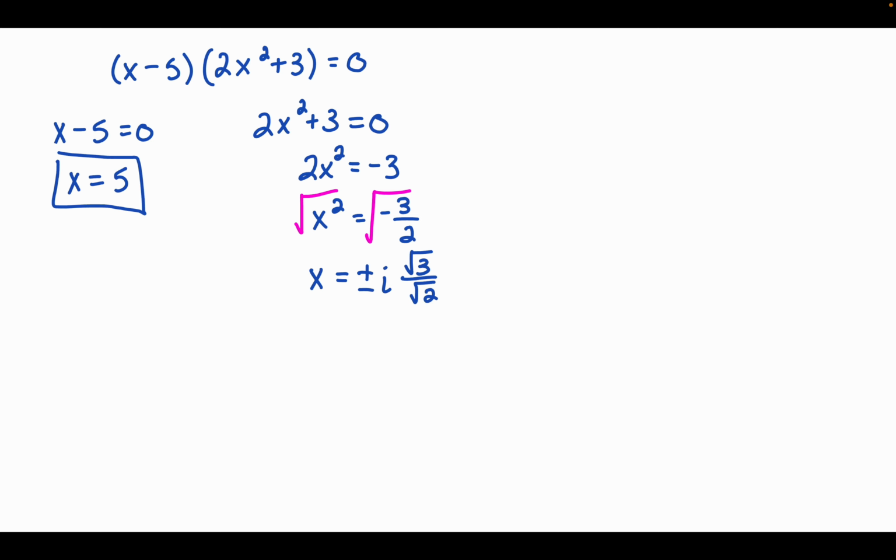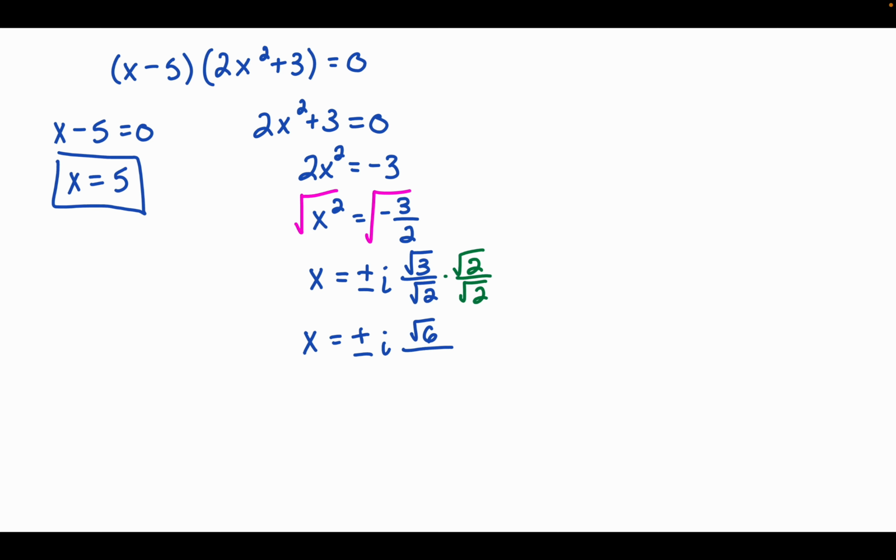So you might remember that we cannot actually leave square roots in the bottom of a fraction. So we have to rationalize. So we need to get rid of that square root of 2. And the way we do that is we multiply the top and bottom by square root of 2. Okay, and what that's going to do, I'll still have my plus or minus i. On the top, I can combine the square root of 3 and square root of 2. I can combine things underneath square roots if they're both underneath. So that will become square root of 6.